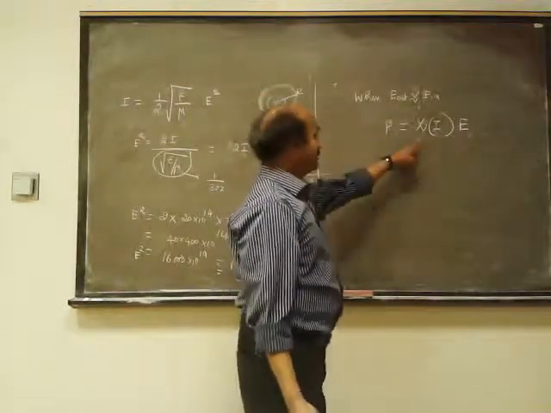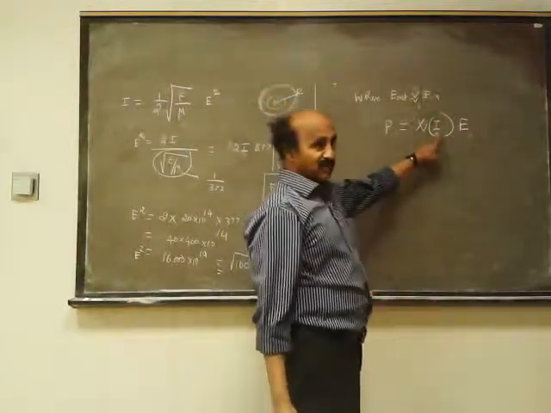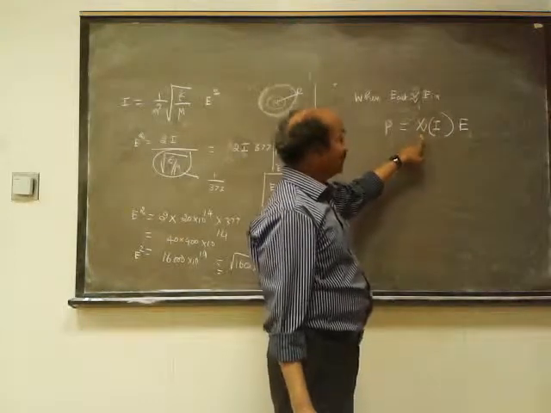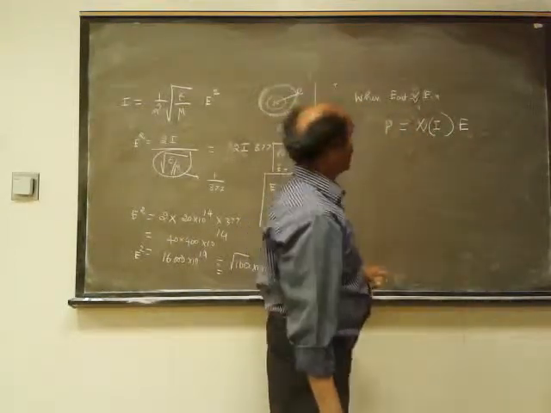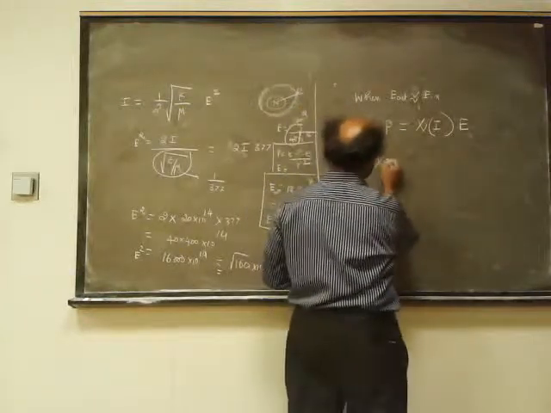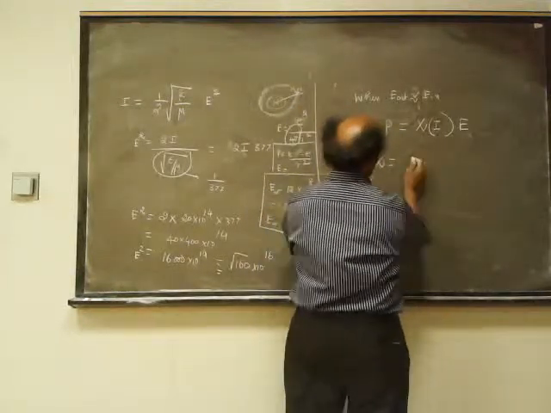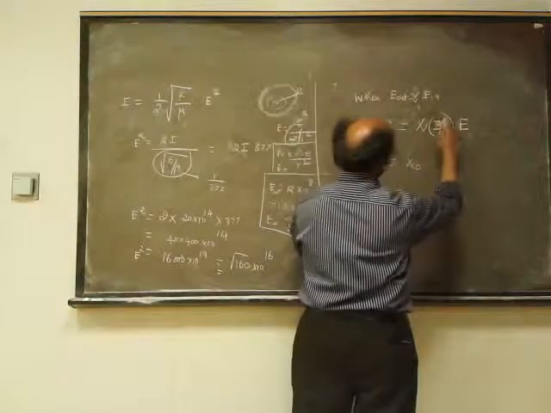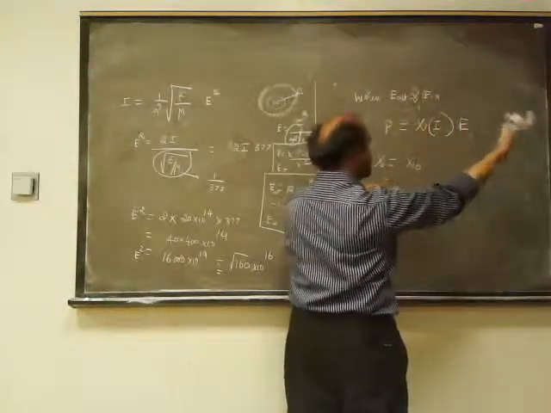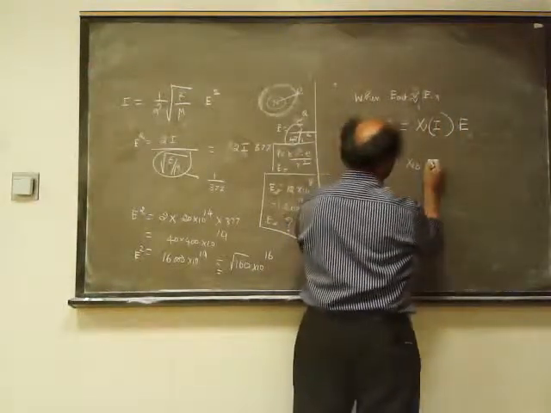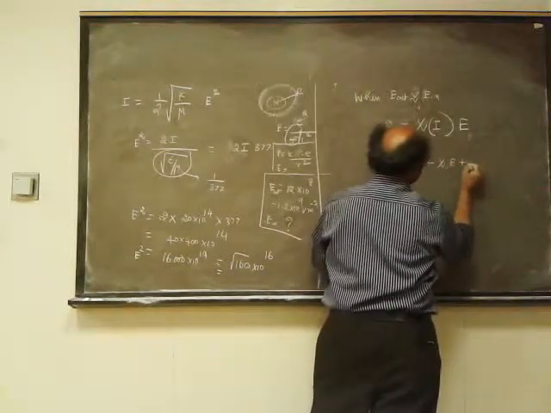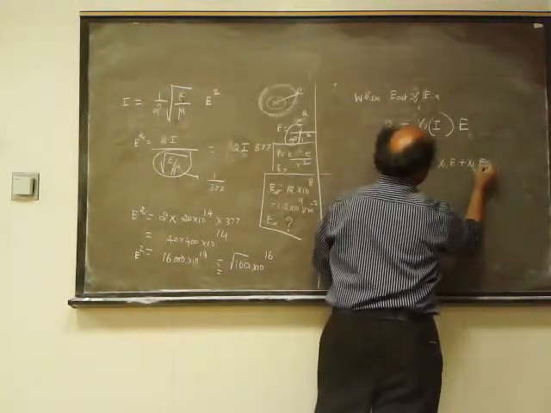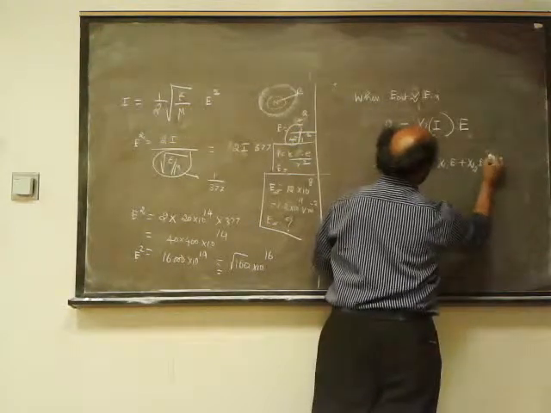Before that, it is not dependent on the intensity, it is a constant. Now, it depends on the intensity. Once this comes, I can put it as chi naught. The intensity again influences the electric field, so chi naught plus chi 1 E plus chi 2 E square, like this.